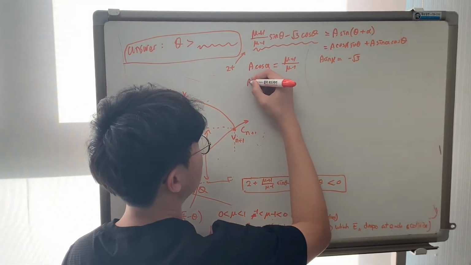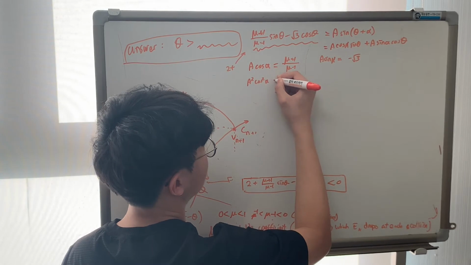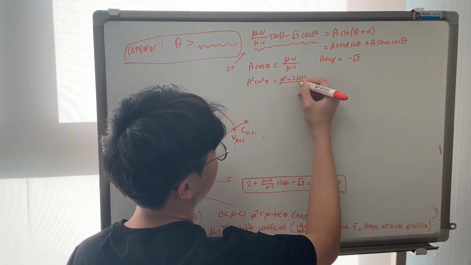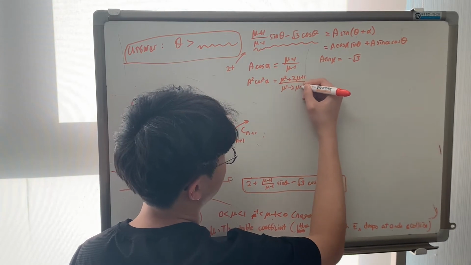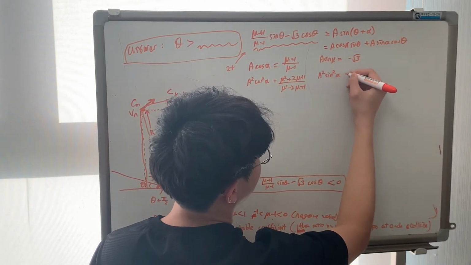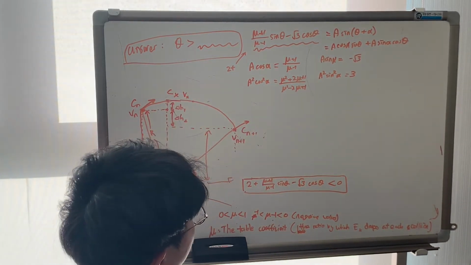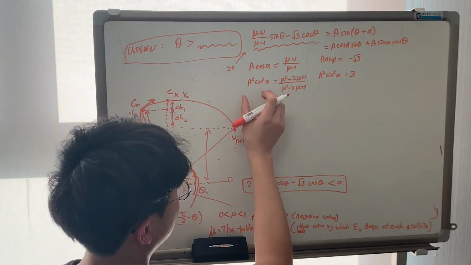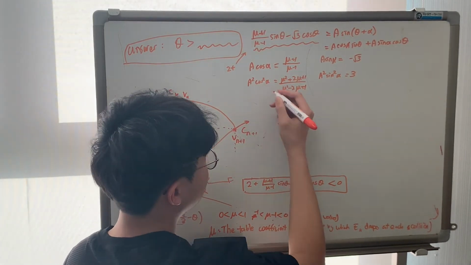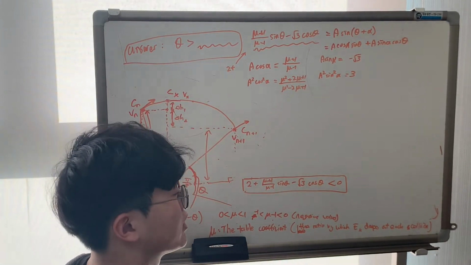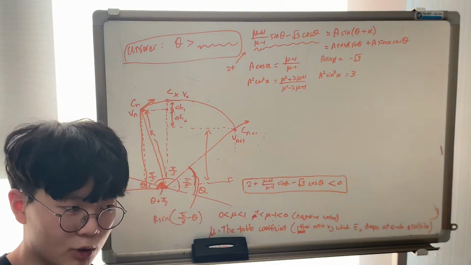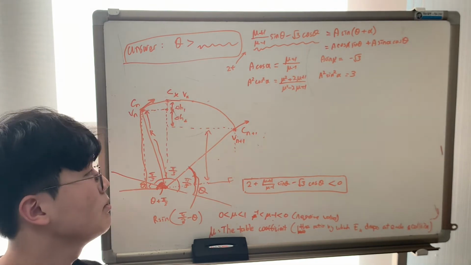So we have A squared cosine squared alpha equal to mu squared plus 2 mu plus 1 over mu squared minus 2 mu plus 1, and A squared sine squared alpha is equal to 3. When we add the left sides together and the right sides together, we have A squared cosine squared alpha plus A squared sine squared alpha, which is just A squared, because sine squared alpha plus cosine squared alpha is 1 for any value of alpha.